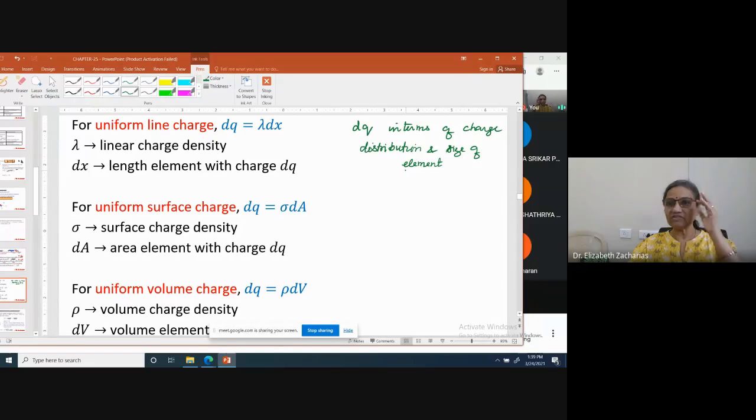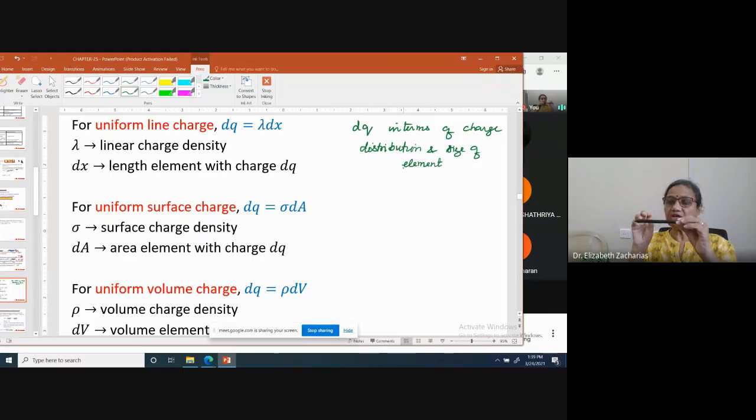So let us see what are the different types of charge distributions that can be there. One can be if my mass is a line mass. If the charged object Q is one line, one dimensional, then the charge distribution is along a line.